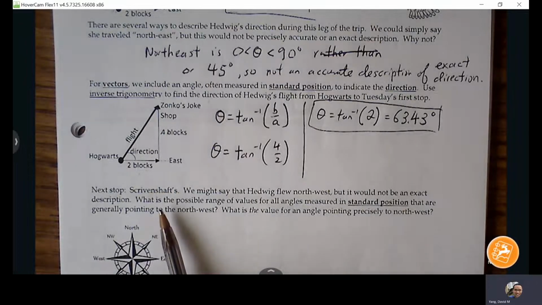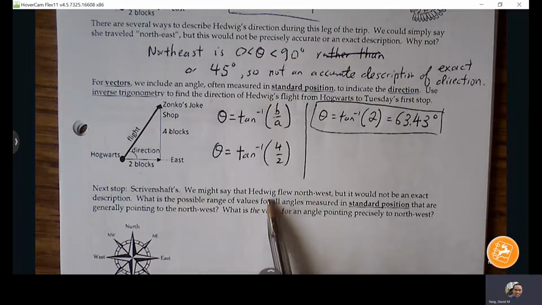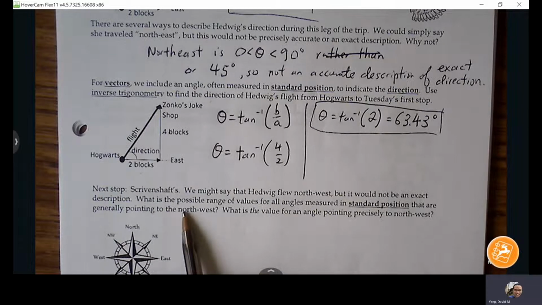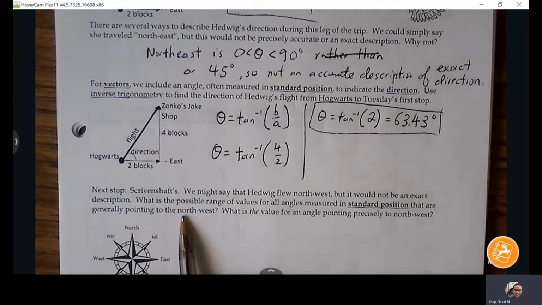Okay, so next stop, if we look at Tuesday's stop 2, we might say that Hedwig flew northwest, but it would not be an exact description. What's the possible range of values for all angles measured in standard position that are generally pointing to the northwest?